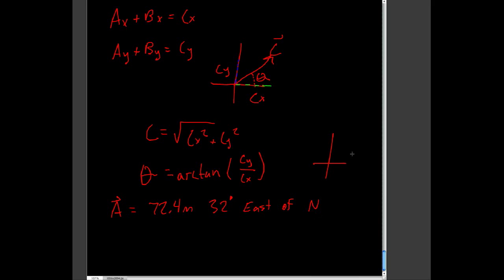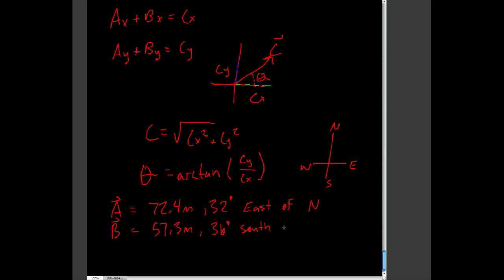So let's assume if you've got an XY coordinate, you've got north, east, south, and west. Now, you've got another vector, vector B, and let's go with it as 57.3 meters, and it is 36 degrees south of west.